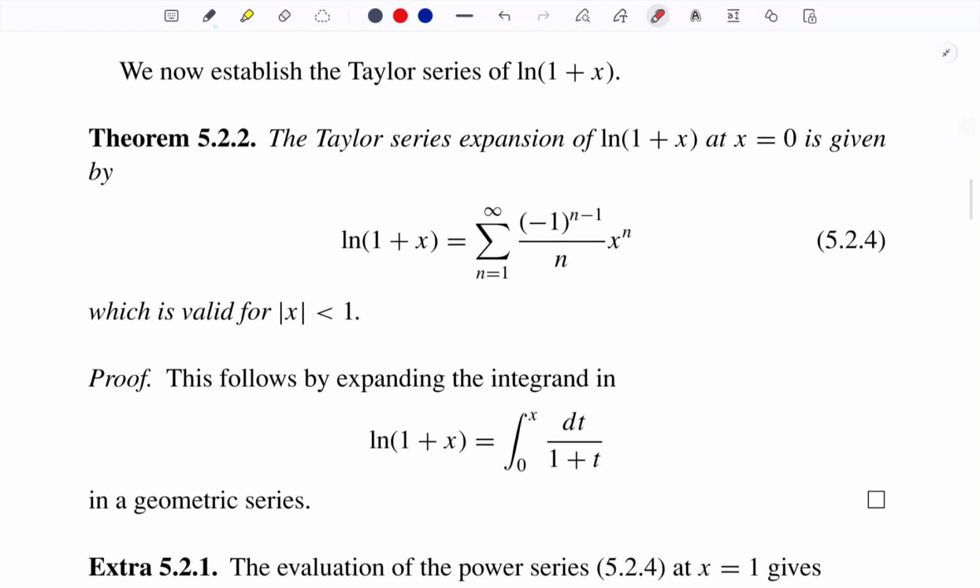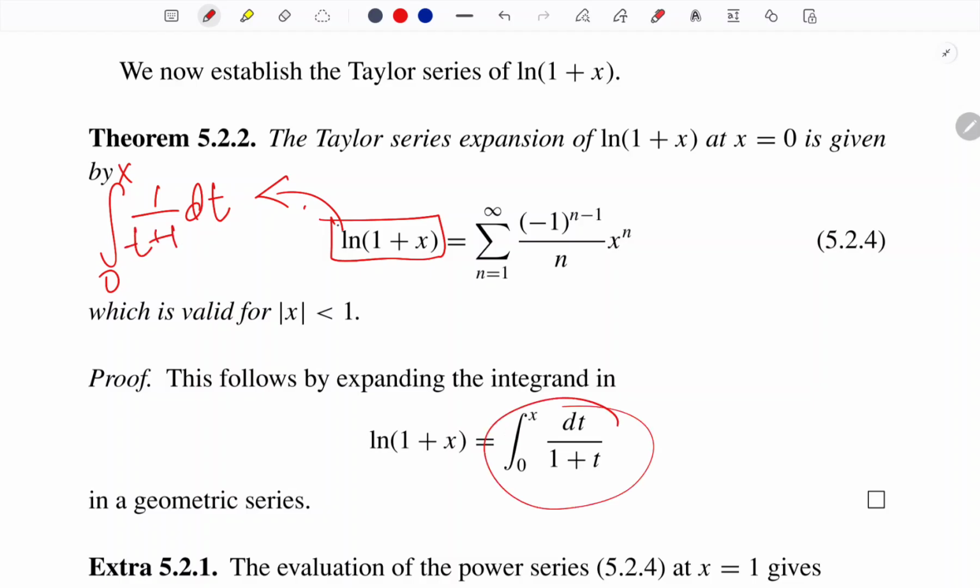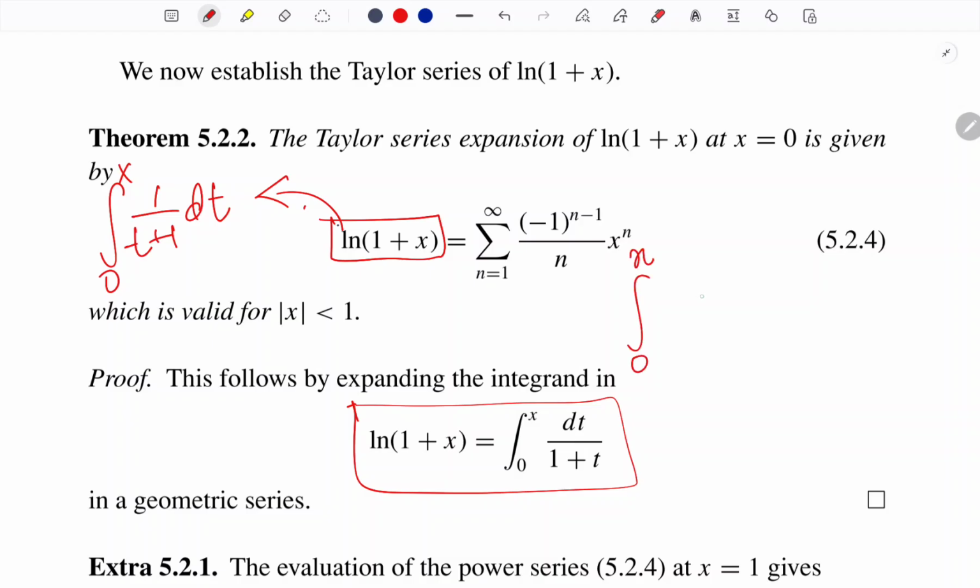And again, when you look at this, it is the integral from 0 to x of dt over 1 plus t.